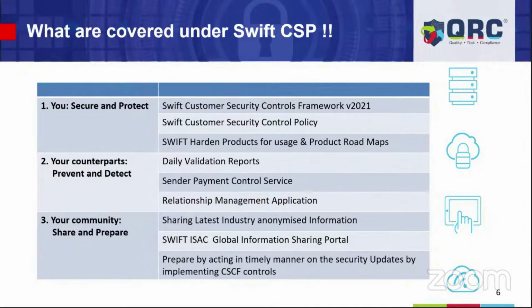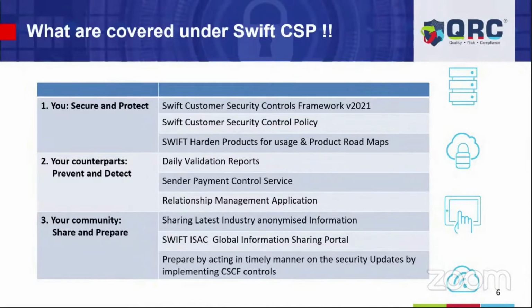From there, every user is supposed to follow the customer security controls policy, which defines what kind of systems we should have and what kind of processes we should implement. It is the famous people, process, technology: what kind of systems we should build to protect ourselves.